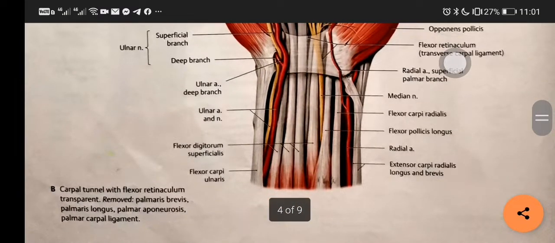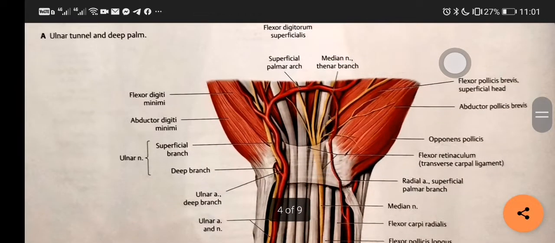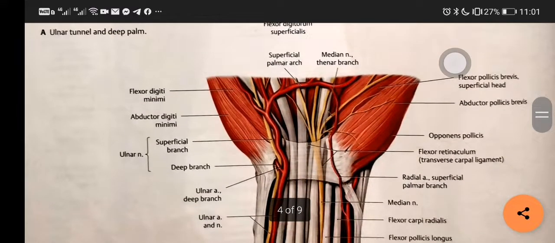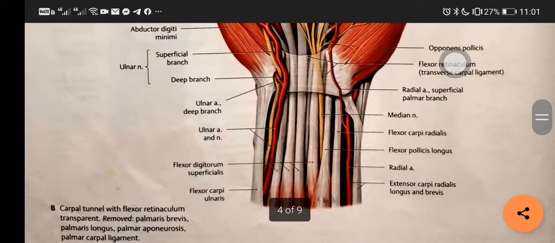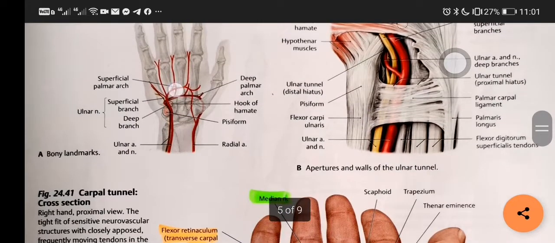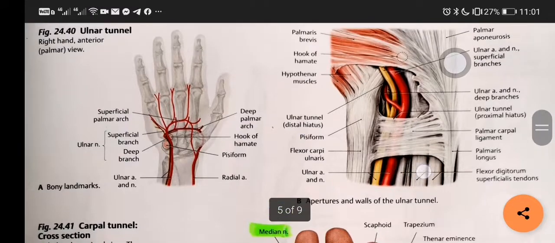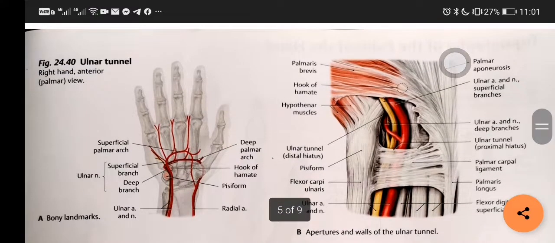Tendons attach muscle to bone. It's going to attach this muscle to a certain bone, especially by the hand. So it goes through a tunnel called the carpal tunnel. These are your arteries over there, and this is basically the tunnel.